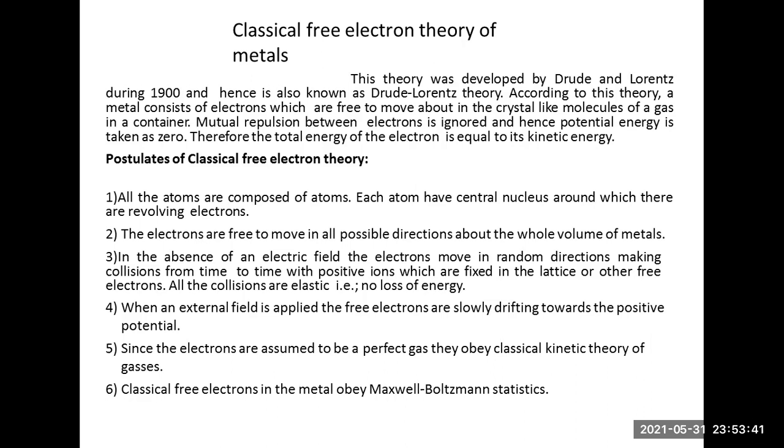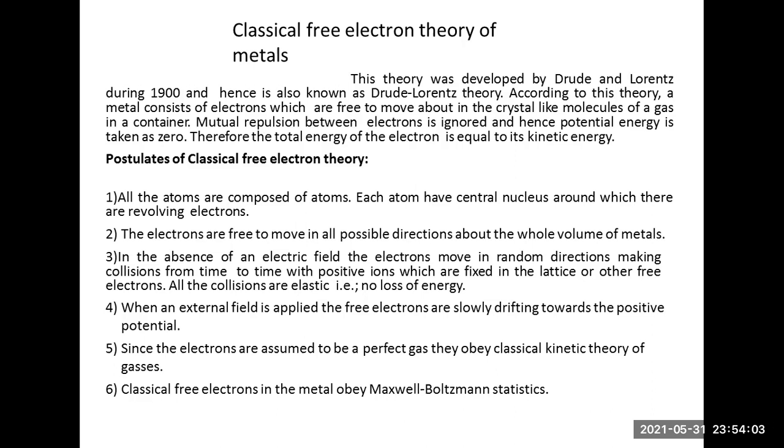According to Drude and Lorentz, the electrons are free to move in all the possible directions in the metal. And when we say free electron, it should obey the classical kinetic theory of gases.